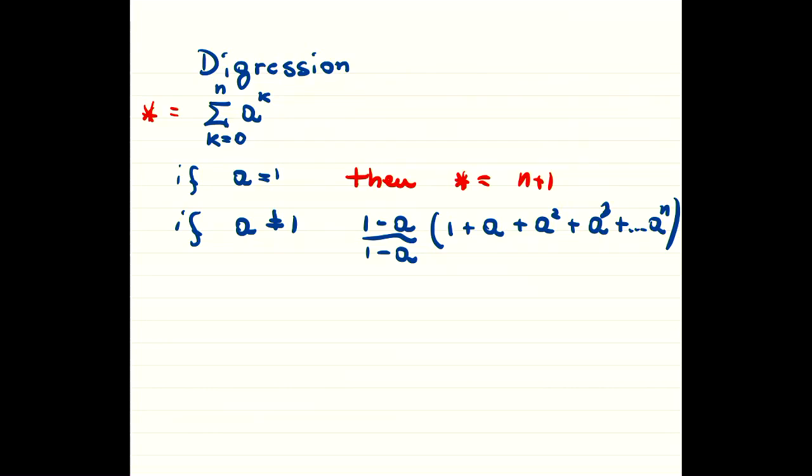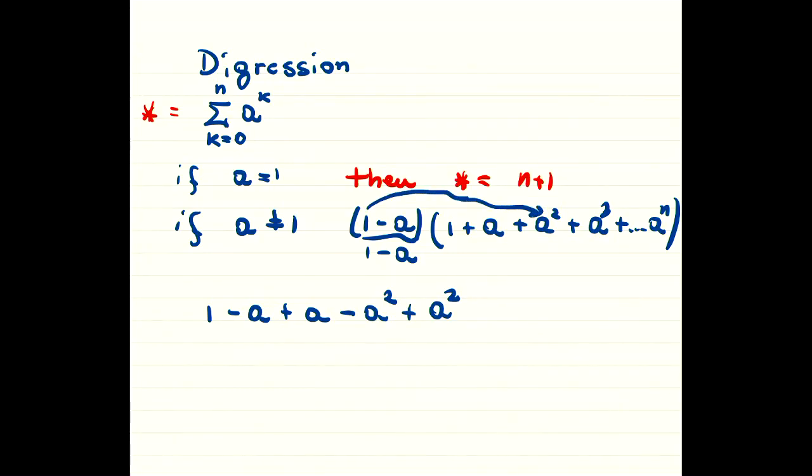But then, what I do is multiply out the numerator. So I should have a bracket, multiply out the numerator. And you get that 1 multiplies 1 and is 1. Minus A multiplies 1 and becomes minus A. Plus 1 multiplies A and becomes A. Minus A squared plus A squared, because 1 multiplies A squared.